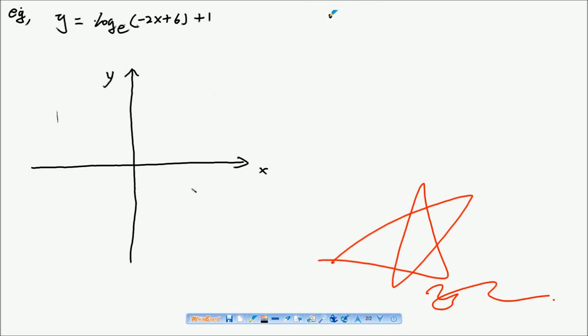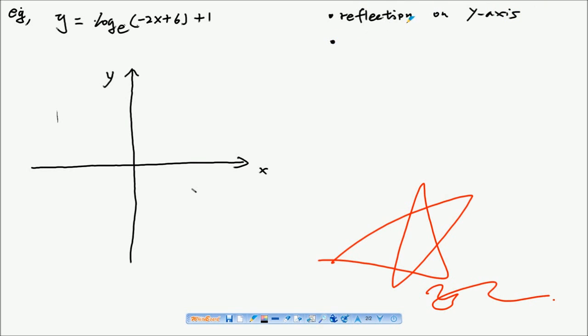Because the coefficient of x in the bracket is a minus number, there is a reflection on the y-axis.